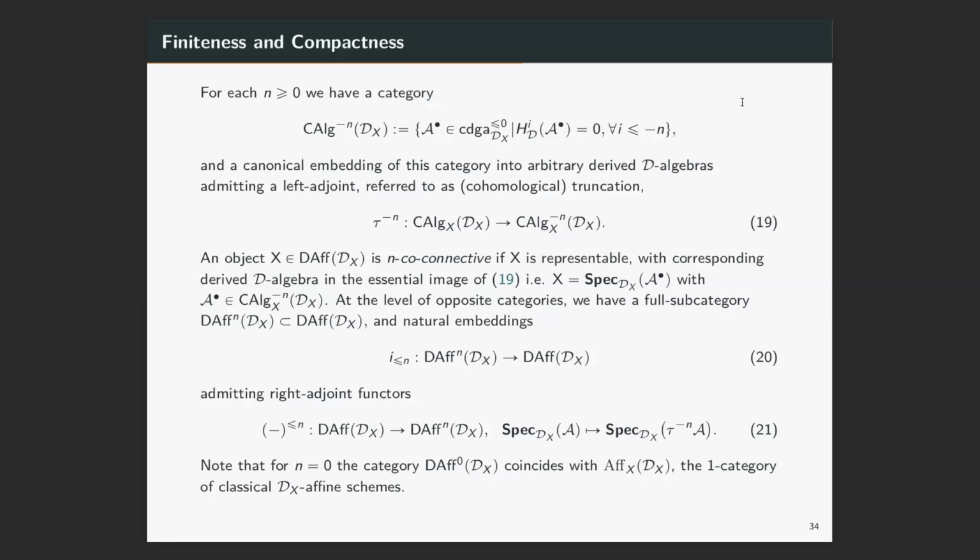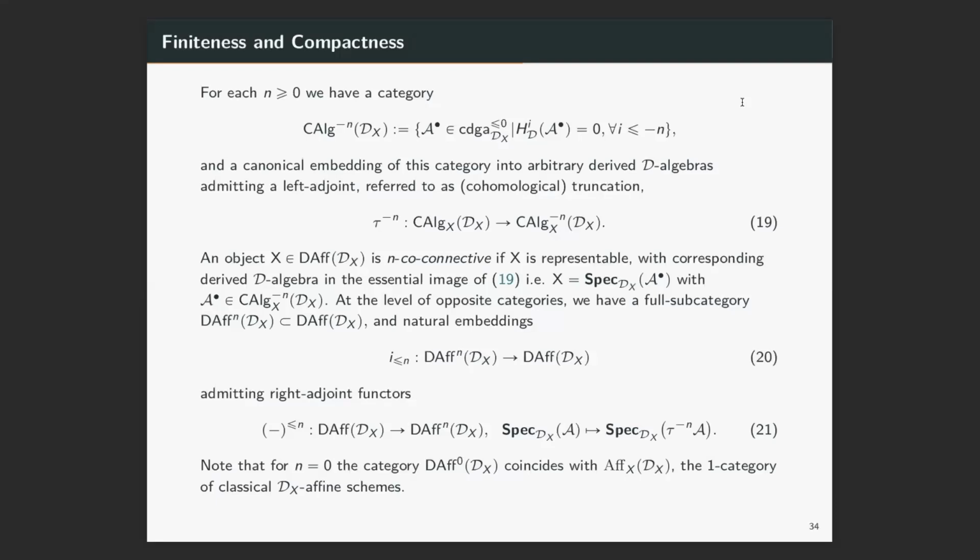It means that at some point your cohomologies will vanish. So a priori, we just had derived D schemes with tons and tons of cohomology. They could have infinitely many negative degrees and generators. These are not finitely presented derived algebras in any reasonable sense. So to have some finiteness in derived geometry, you want to have at least some type of co-connectivity condition, so that at some point the cohomologies just go away. So it's not going to be too crazy.